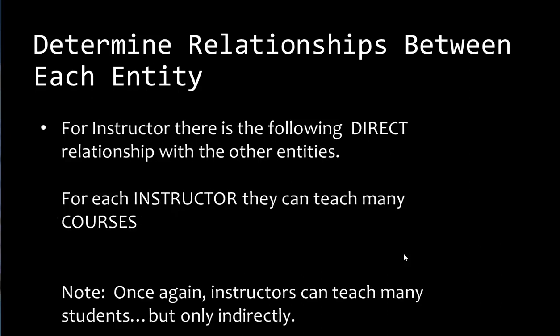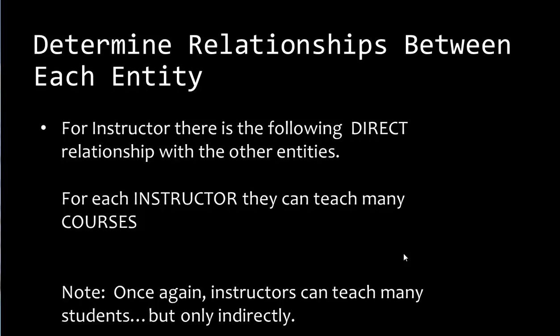For instructors, there are the following direct relationships with other entities. Each instructor can teach many courses. Obviously I'm teaching many courses, and so are other instructors within the college. They usually teach more than one course per semester. Instructors can teach many students, but only indirectly. That's an important note. We talked about this in the previous video: we're looking at direct relationships, not indirect relationships.